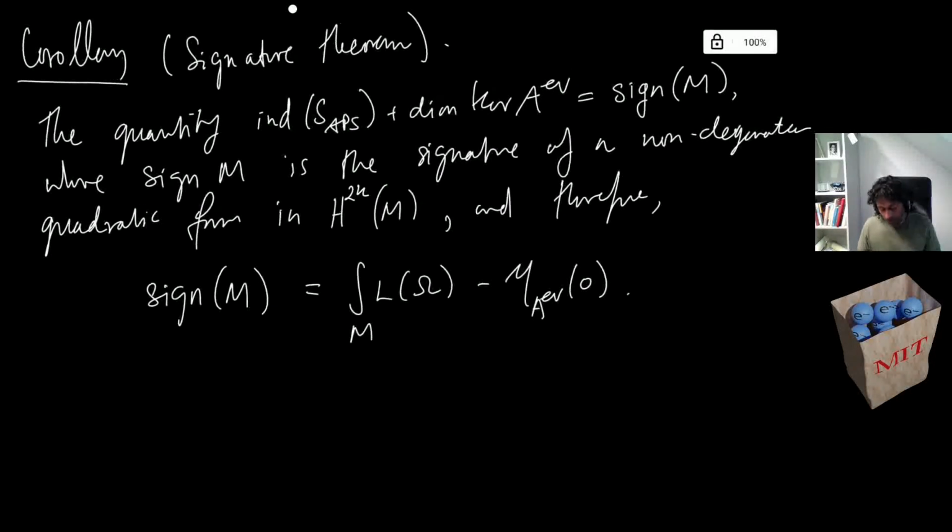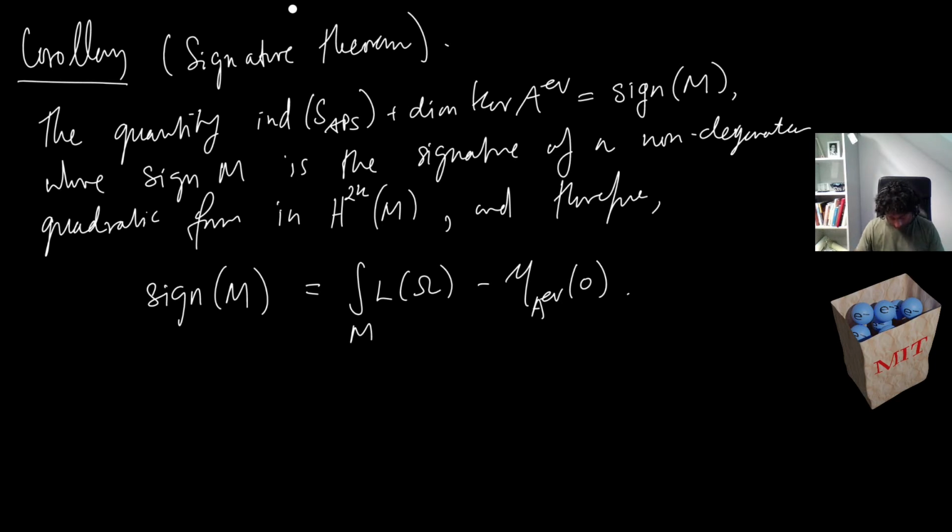Okay, so this is really a remarkable theorem, right? So I should just say that the sign of M, I mean we can describe it in terms of this index plus the dimension of this kernel, but it's really an object that's topological, right? It's a non-degenerate quadratic form.